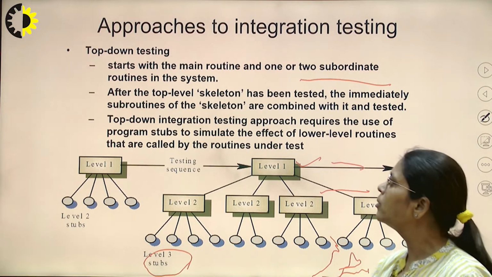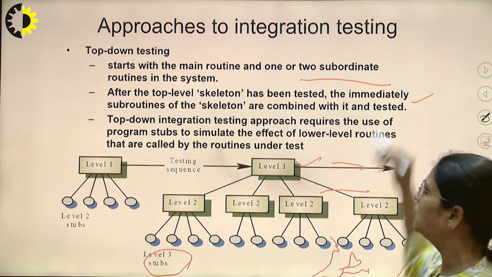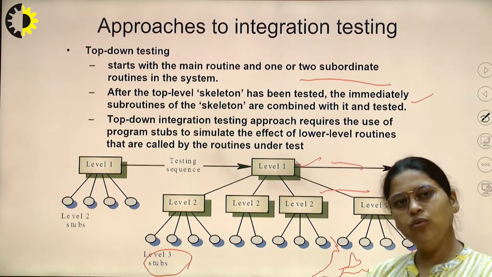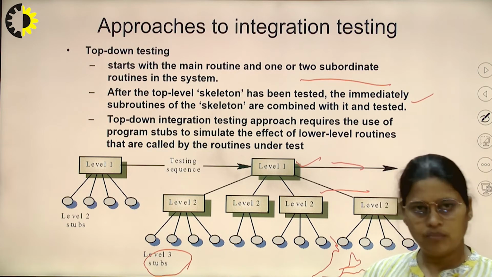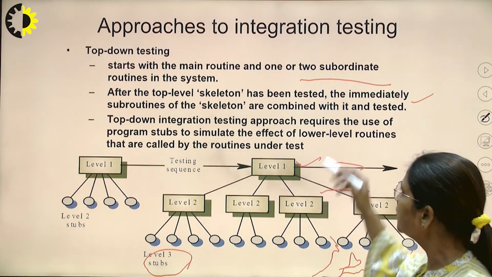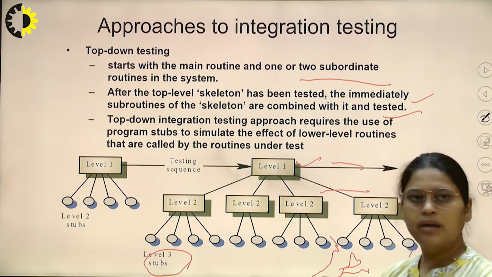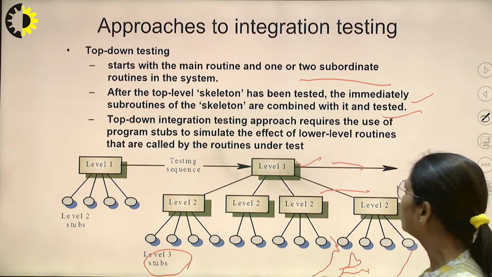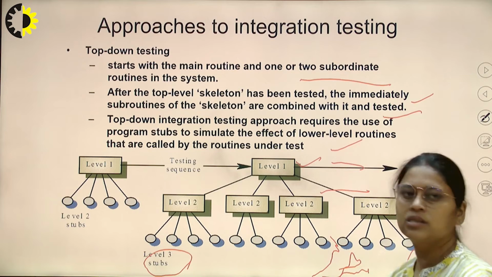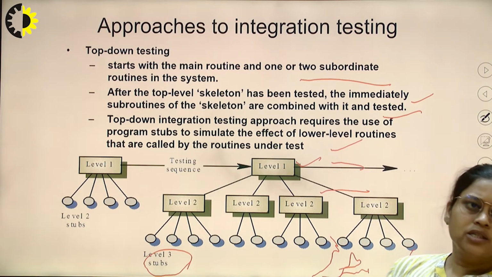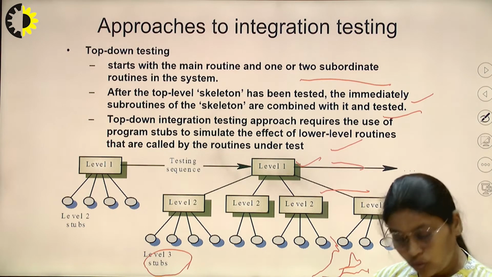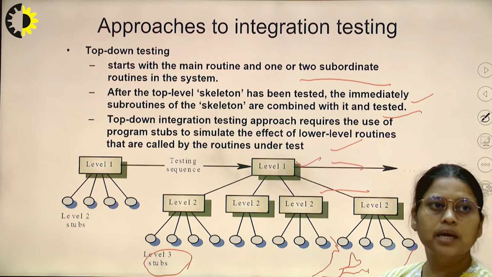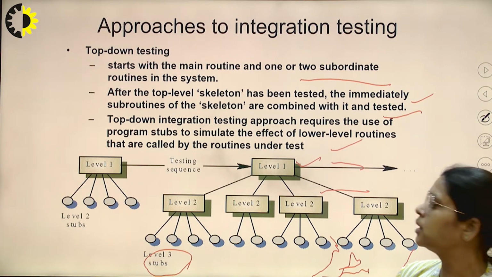After the top level skeleton has been tested, we integrate it with the sub modules. The subordinate skeletons are combined and tested. The top-down testing approach requires the use of program stubs that are used to simulate the effect of lower level routines that are called by the routines under test.